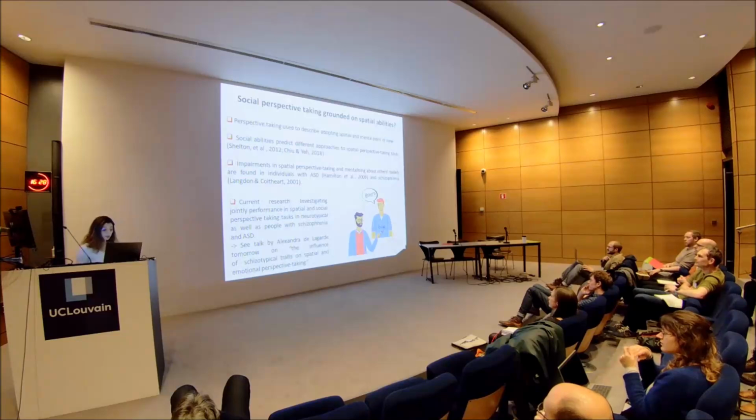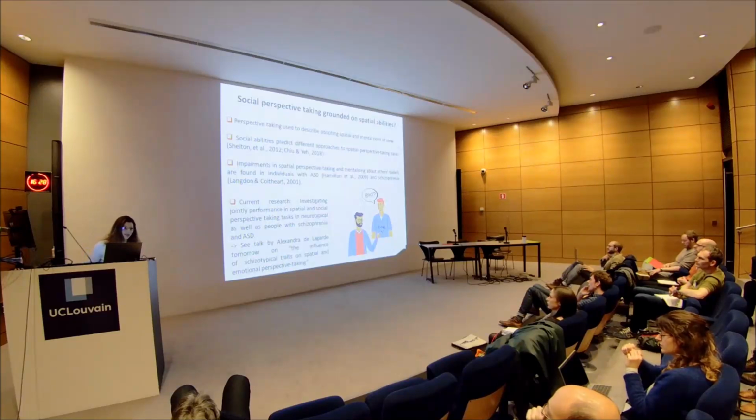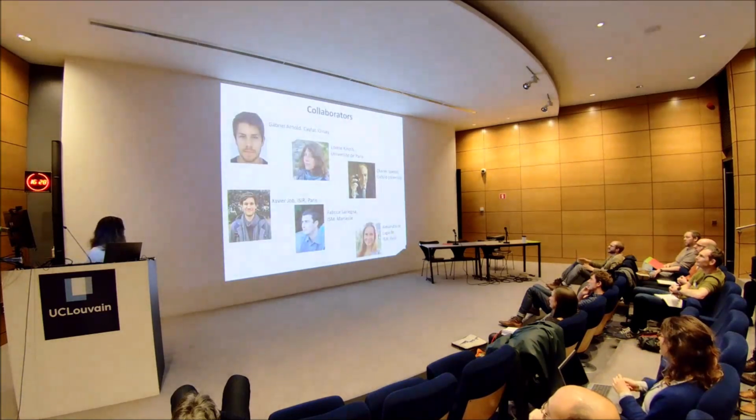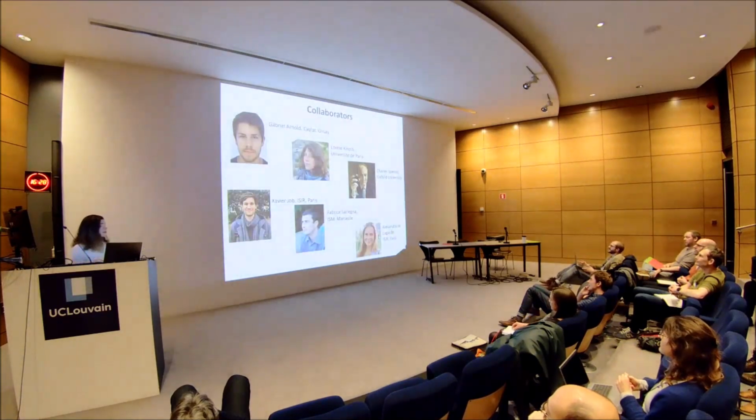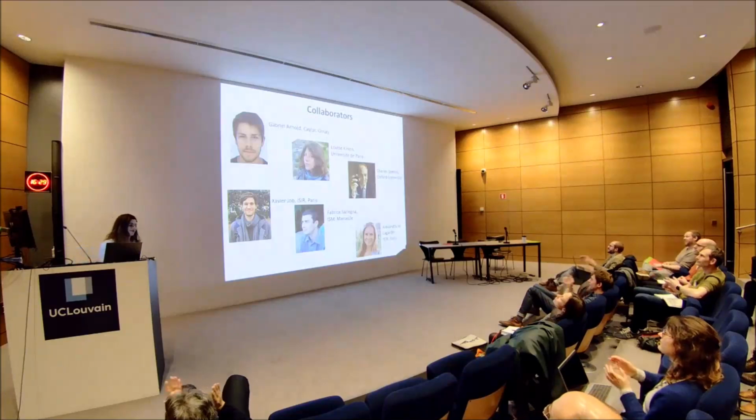So actually what we do is investigate jointly performance in spatial and social perspective taking tasks, both in neurotypical people as well as in people with schizophrenia and ASD. And Alexandra tomorrow will talk about that. So these are my collaborators on this topic, and I thank them, and I thank you for your attention.